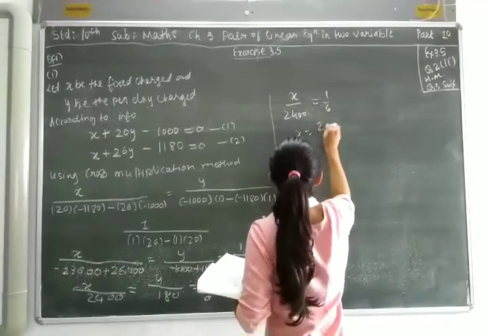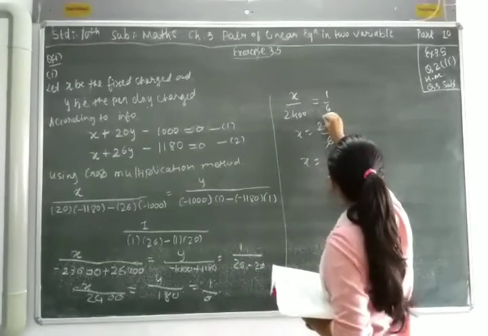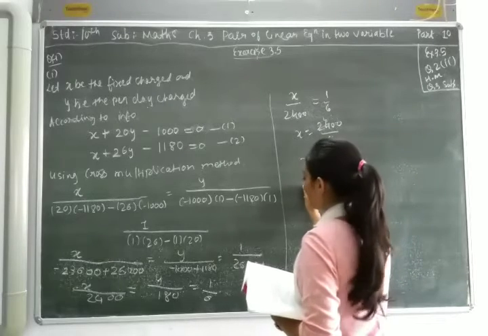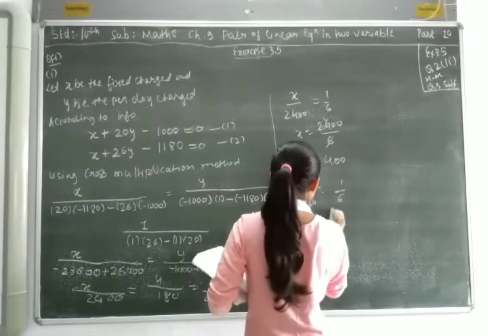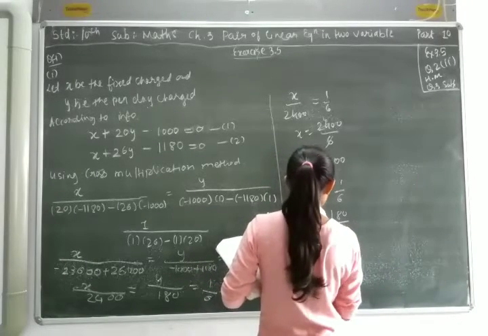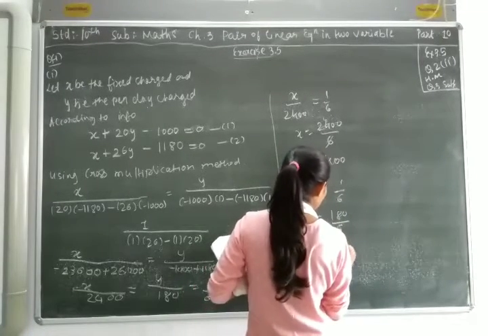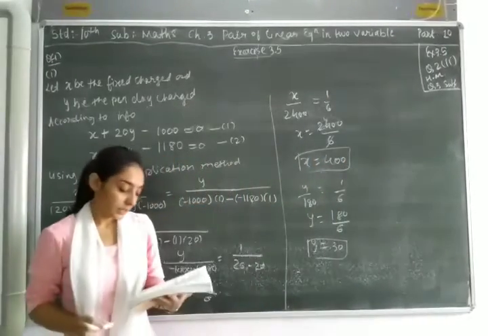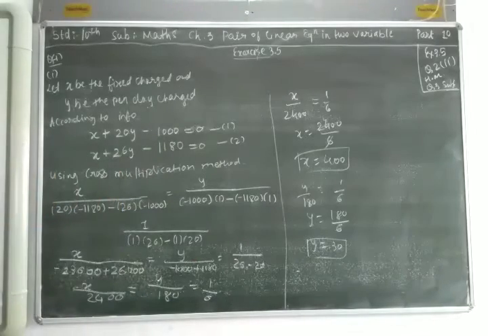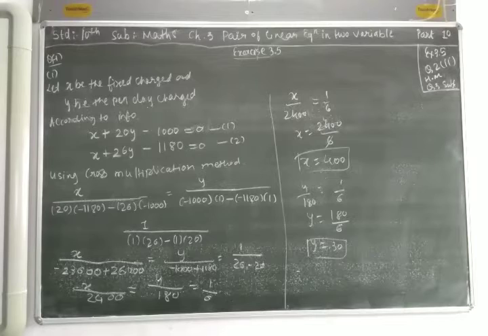So x equals to 2400 divided by 6, so x equals to 400. Now y equals to 180 upon 6. So y equals to 30. So x equals to 400 and y equals to 30. So that is the answer. Now if you want to use the elimination method, you can use that one also. There is no problem. Okay.